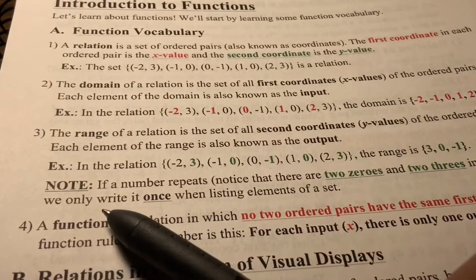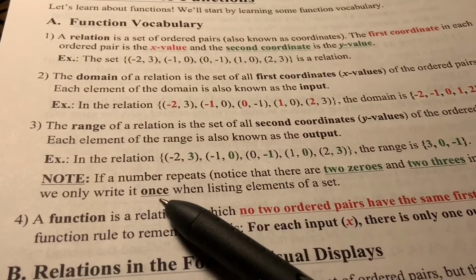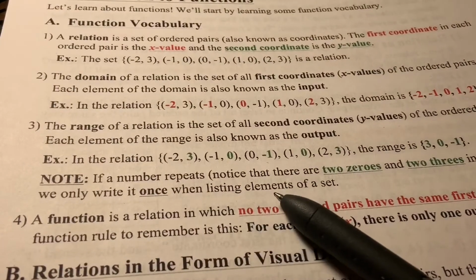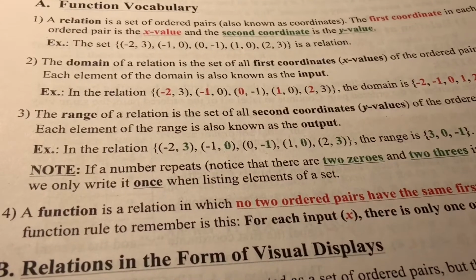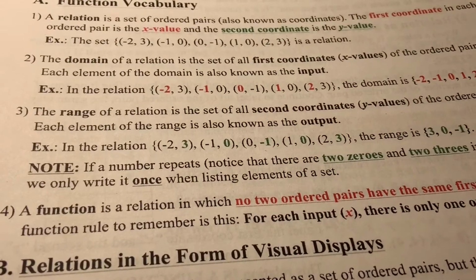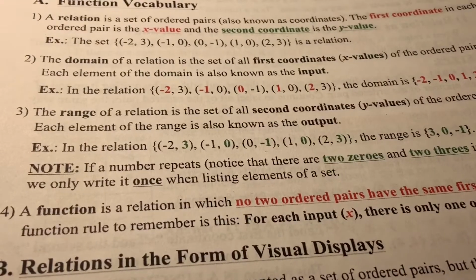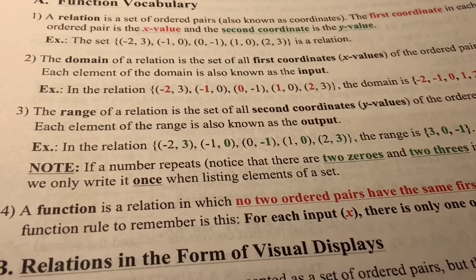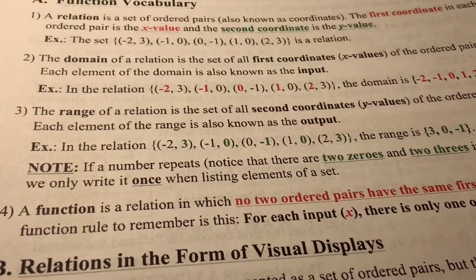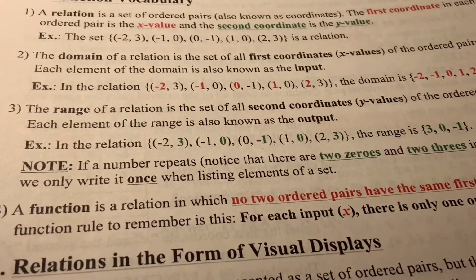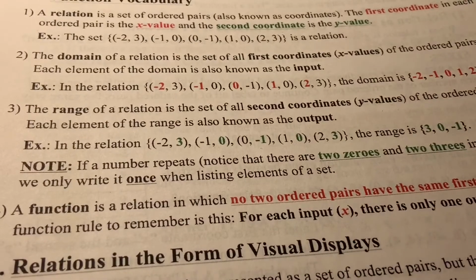We only write it once when listing elements of a set. Very important to know that. When you are listing the elements of a set, you never write any element more than one time. You only write that number one time if it repeats itself.